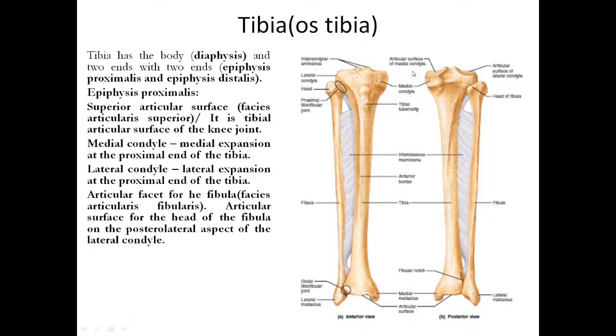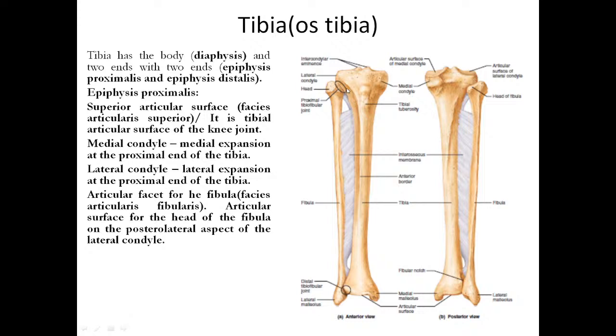The medial condyle is the medial expansion of the proximal end of the tibia; the lateral condyle is the lateral expansion of the proximal end of the tibia.